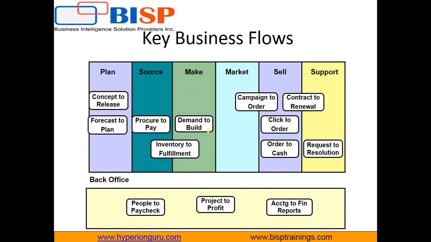The manufacturing floor also demands what needs to be built and what additional raw materials you need, so that is the demand to build. Once you think your product is done and ready for the market, you're going to do the advertisement or campaign for your product.